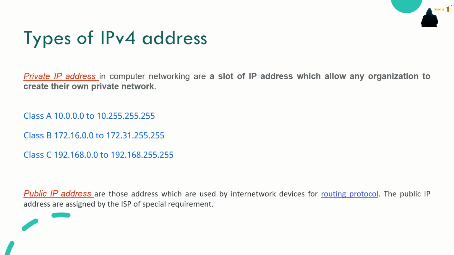There are certain addresses in each class of IP address that are reserved for private networks. In an internal network, you can use class A, B, C only in this range of IP addresses: between 10.0.0.0 to 10.254.254.254, and also class B between these network addresses, and also class C between these network addresses.